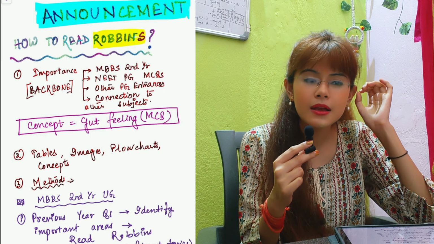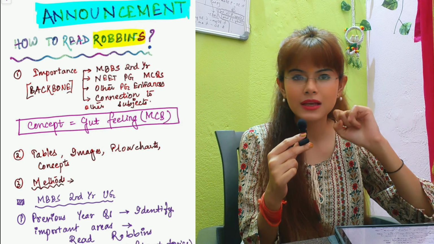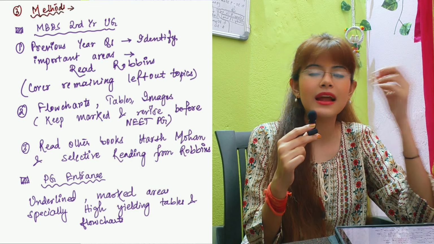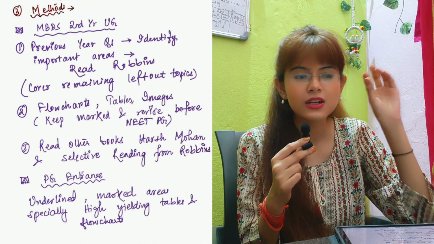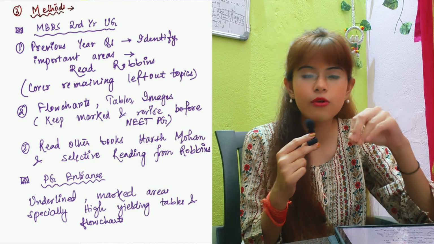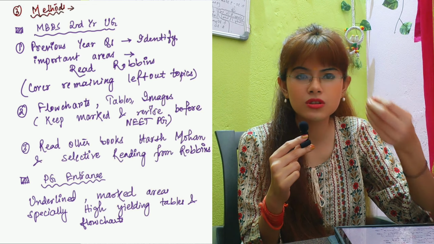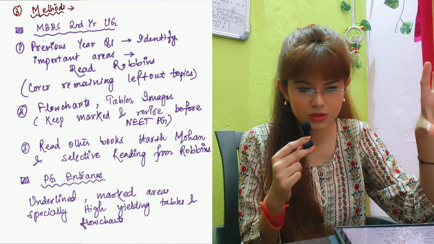You can read the most high yielding 70% of Robbins. That is the point I'm trying to make here. If Robbins is 100%, reading all of it will be like a story reading experience, but the high yielding area is only 70%. So if you read that, it is enough for you. And for NEET PG, the remaining 30% or 40% is the last minute revision topics, or you can go through it during NEET PG preparation. So that is how it is distributed, I personally feel.